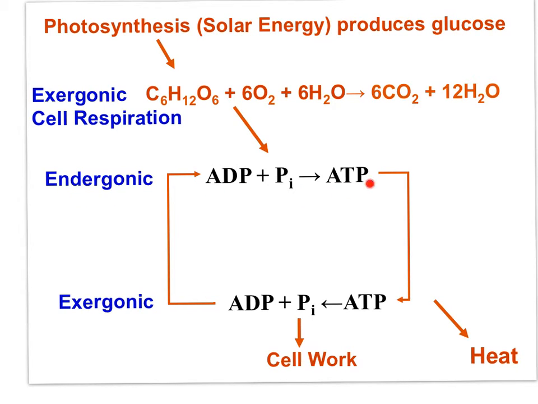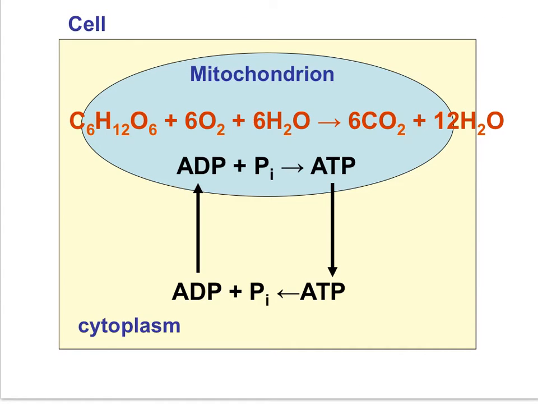In a cell, ATP is hydrolyzed, broken down, to do cell work, active transport or motion, or the synthesis of large molecules in the cell, like protein synthesis. The products of ATP hydrolysis, which are ADP and Pi, are put back together again by respiration, energy coming from glucose breakdown. Here is a diagram to help you locate all of this within a cell.